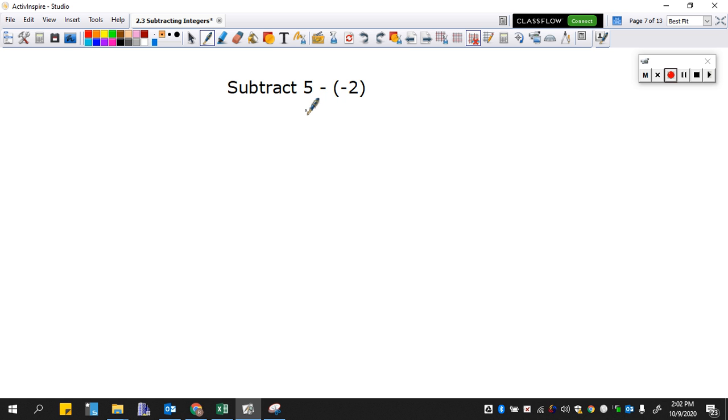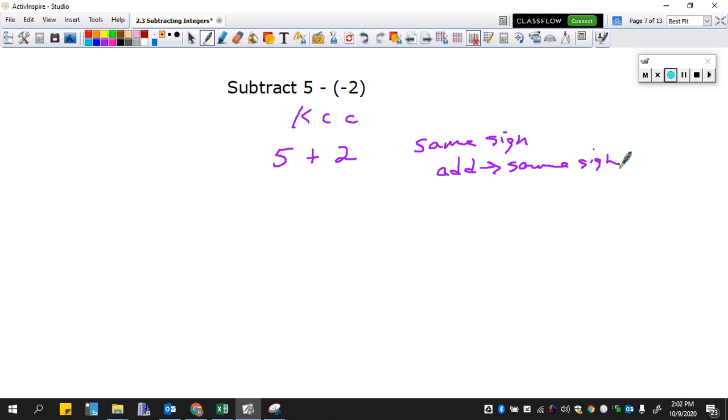All right. Subtract 5 minus negative 2. Keep, change, change. Keep the 5. The minus becomes a plus. The negative 2 becomes a positive 2. Once again, they're the same sign. They're both positive. So we're going to add them and give it the same sign, the sign that's on there.